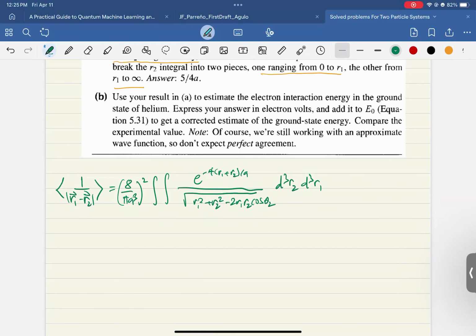Well, recall na yung expectation value, okay, ng isang, for example, the variable x is integral of psi star, okay, and then x and then psi dx.